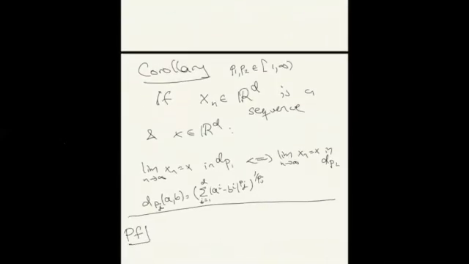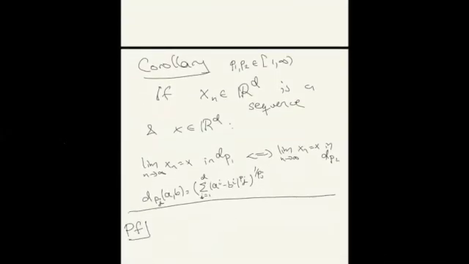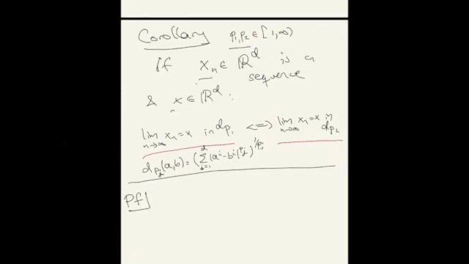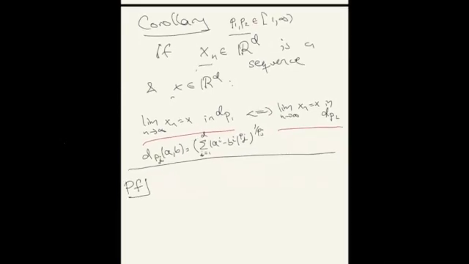So to summarize the statement that we proved in some of these discussions, if we have two metrics, p1 and p2, and we have a sequence and a possible limit point, then if that sequence converges in the first metric to x, then it also converges in the second metric to x, and vice versa. So this is an if and only if statement. And the proof is basically we apply the theorem.